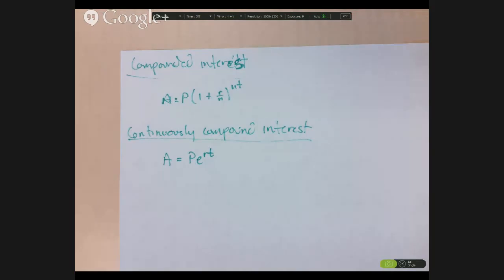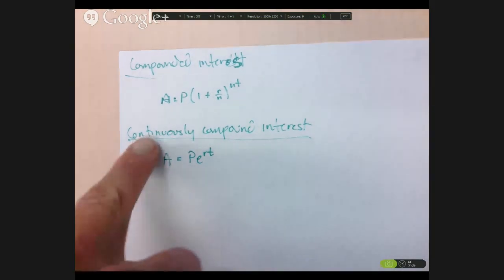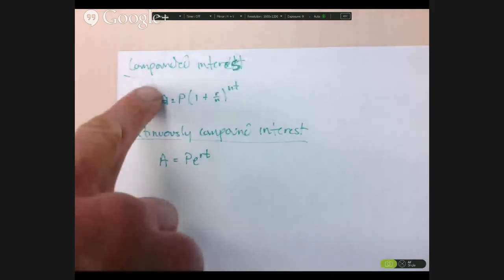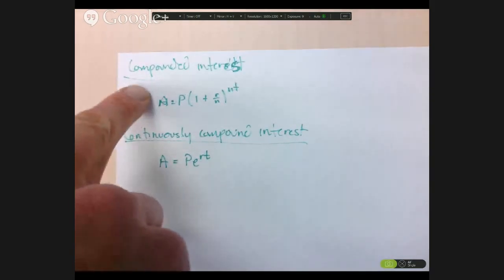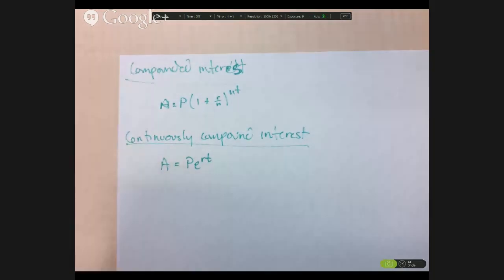Yeah, perfect. Principal, rate, time, with e in it. Okay. So this one is continuous. This one is some time frame where the interest is compounded: daily, monthly, weekly, hourly, whatever. That's continuous.